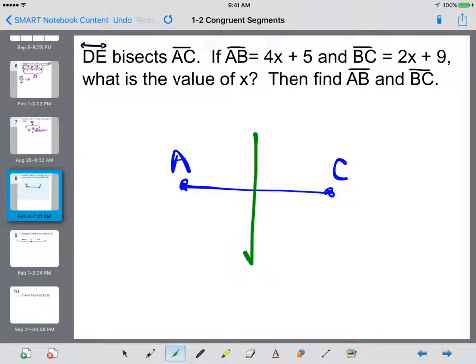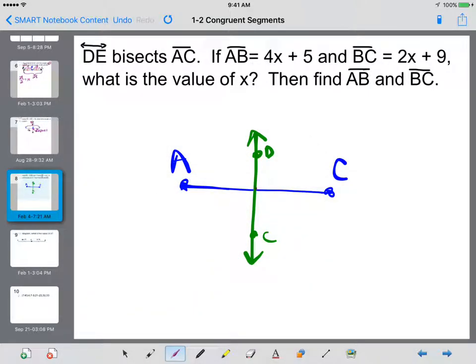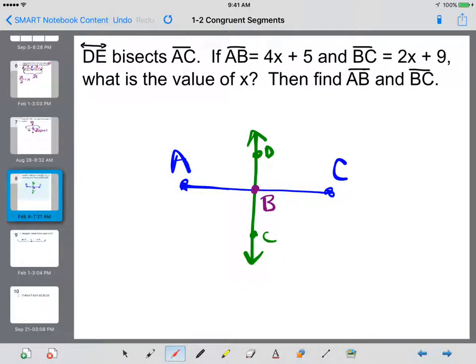So here is a line with a point D and E on it, and the midpoint is at B. So if AB equals 4x plus 5, and BC equals 2x plus 9, we need to find the value of x.